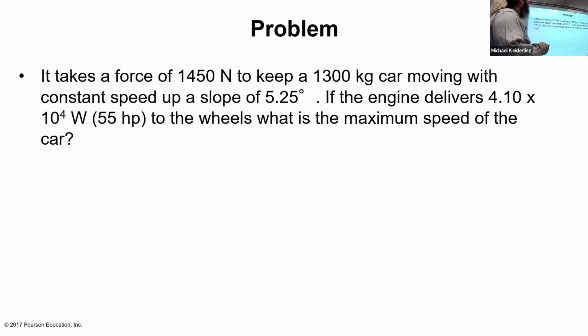So we know what the force is, and we want to find what the speed required is for this power. In this case, because we're dealing with working against gravity, the force is independent of speed. So what's the maximum speed we can achieve?